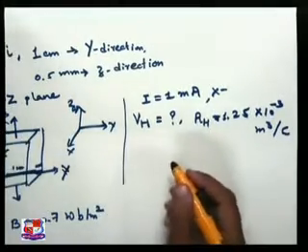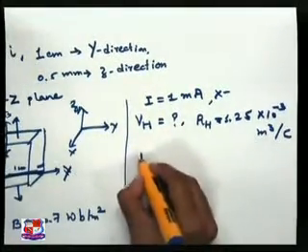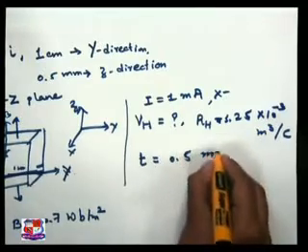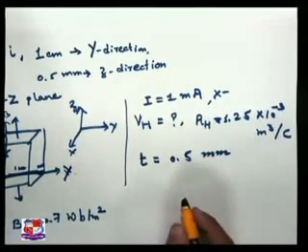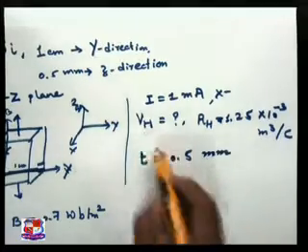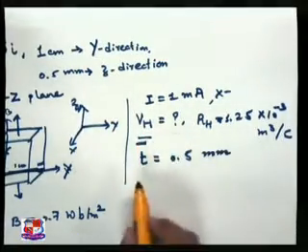The thickness is 0.5 millimeter, because it is along z direction, the direction in which we are measuring the Hall voltage.